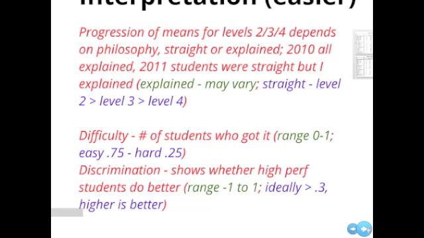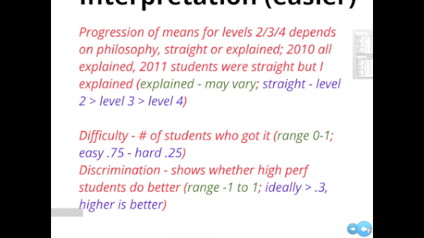The other one that's even more interesting is the discrimination, the second one. That's why you really want to have groups of questions when you do this sort of analysis. The discrimination says, let's say it's 3 questions, and I'm looking at question 1. Did the high-performing students on questions 2 and 3 also perform high on question 1?